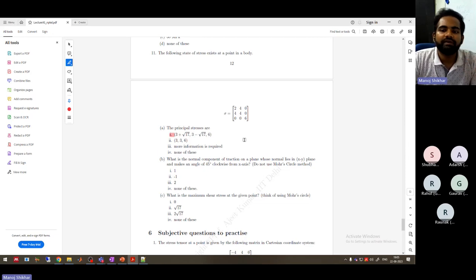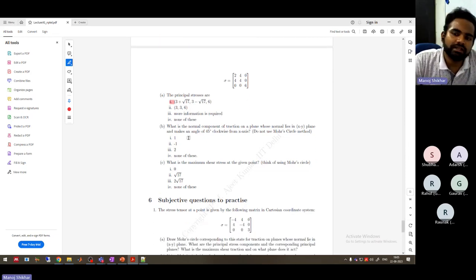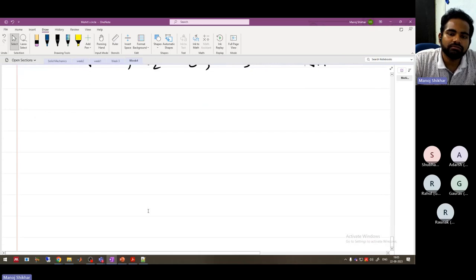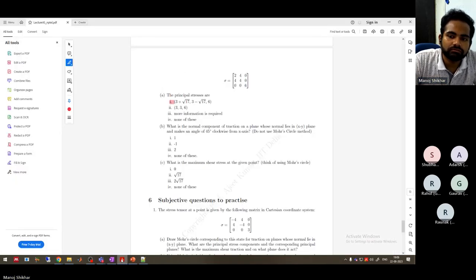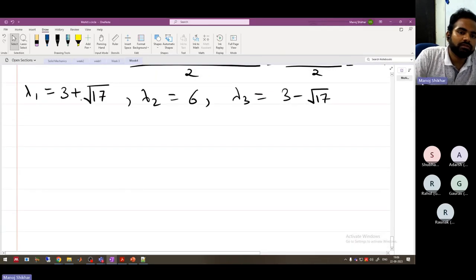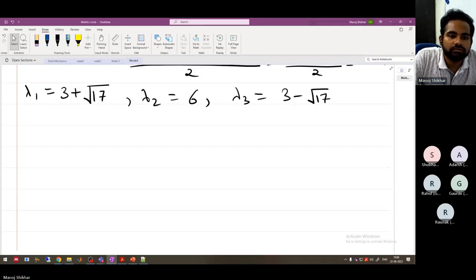What did we do? We found the eigenvalue of this sigma. Now the second question is, what is the normal component of a traction on a plane whose normal lies in the xy plane and makes an angle 45 degree from the x-axis? Okay. So what they have given you is the normal.